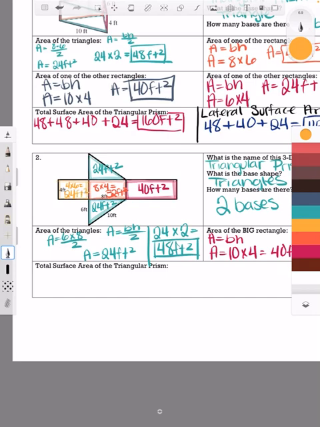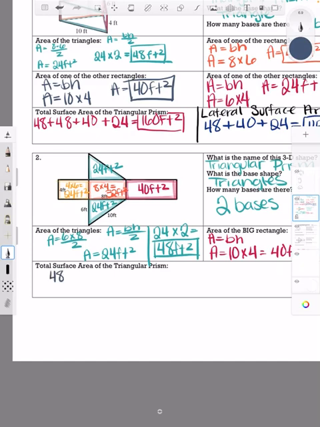All right, so now we're just going to add all of these together. Instead of writing 24 plus 24, I'm going to write down 48. 48 represents my combined total for my bases, since 24 plus 24 gives me 48. Then I'm going to add in the measurements of my rectangles.